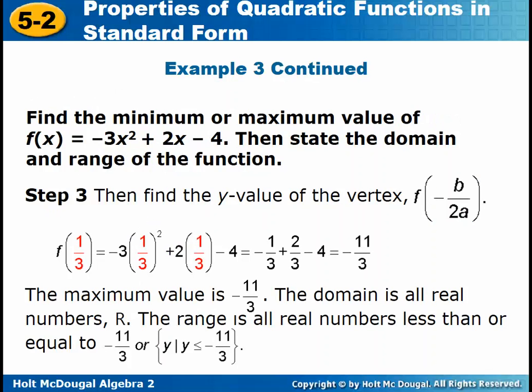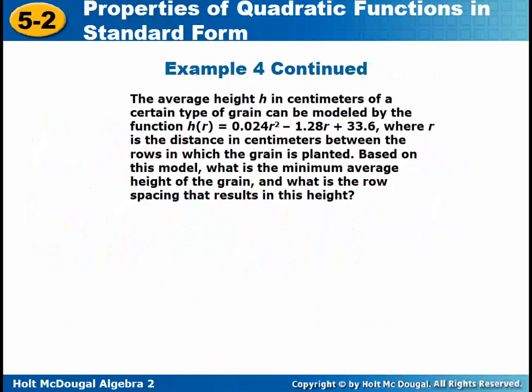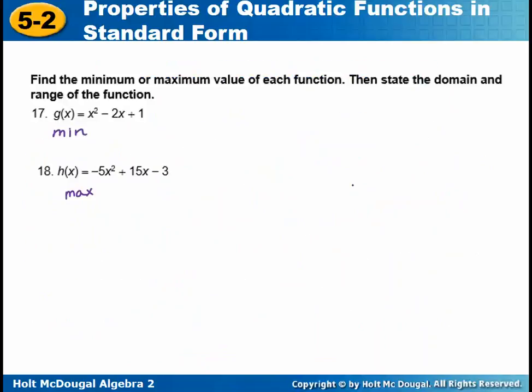negative b over 2a. That's the x-coordinate. Negative b over 2a is the x-coordinate, or the axis of symmetry. So we need to use number 18. Here's our b. B is 15. A is negative 5.